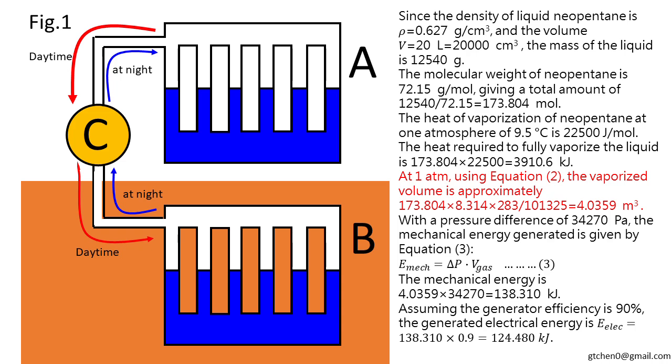173.804 times 8.314 times 283 divided by 101,325 equals 4.0359 cubic meters. With a pressure difference of 34,270 pascals, the mechanical energy generated is given by equation 3.